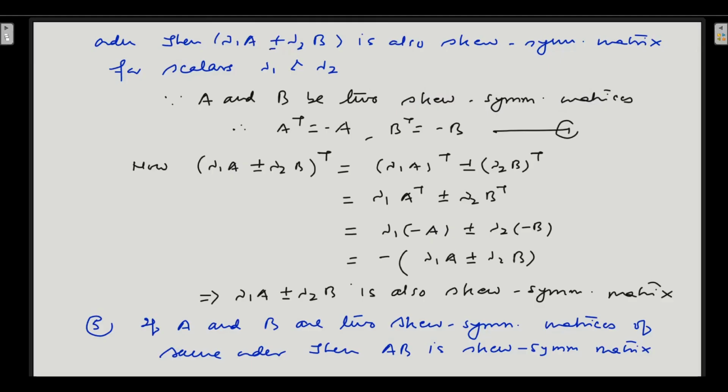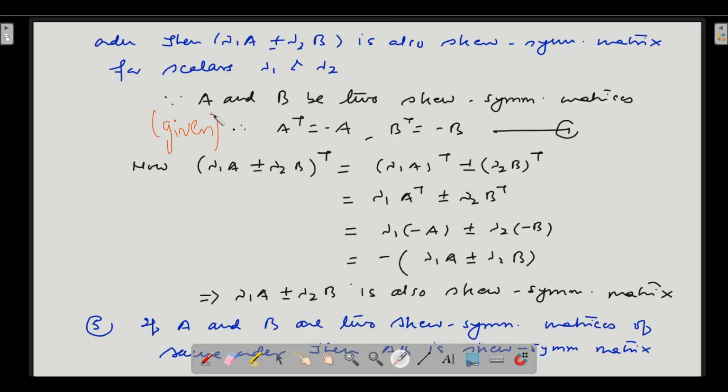So obviously A transpose will be equal to minus A and B transpose will be equal to minus B, by the definition of skew-symmetric matrices. Let us assume that this is equation number 1.